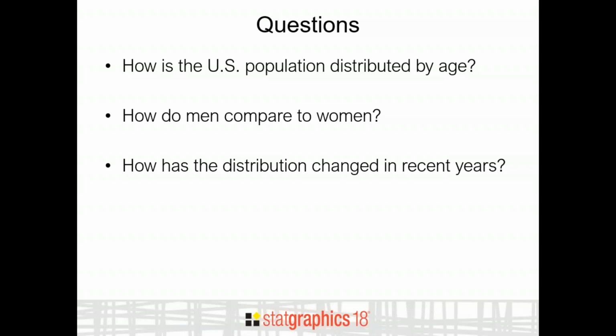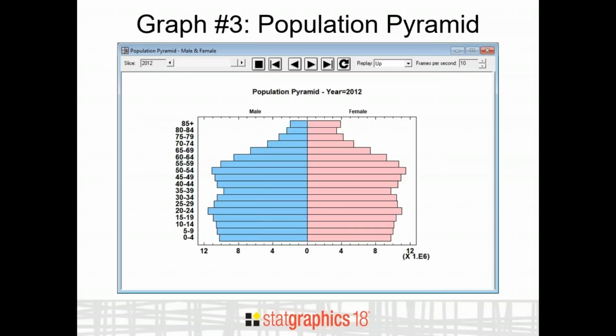Now, there's a particular graph that's very effective in showing population distributions. It's called the population pyramid. The population pyramid is a bar chart that shows for each of those age categories, 0 to 4, 5 to 9, 10 to 14, all the way up to 85 plus, how many males there are in the population and how many females.